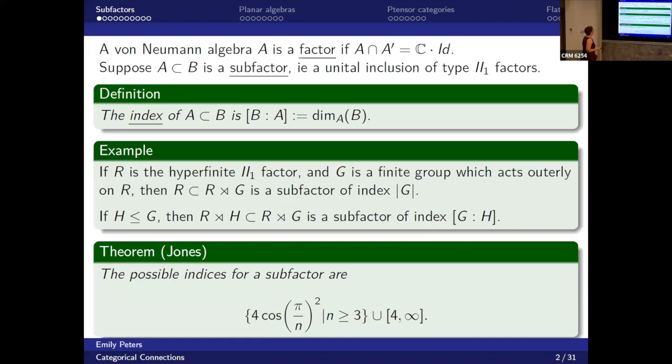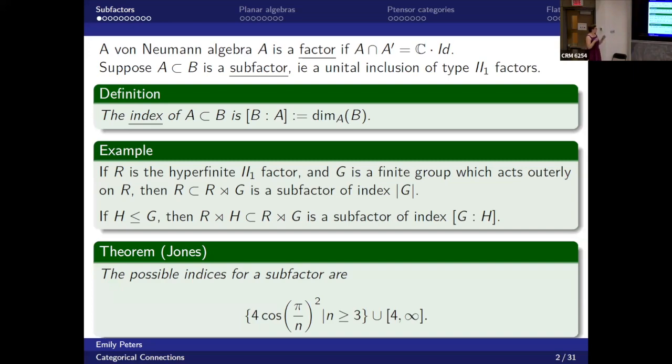Okay, so if we have two factors, one contained inside the other, then we call that a subfactor. Now we can talk about the size of the inclusion. We can talk about how big our larger factor B is by looking at its dimension as an A bimodule.